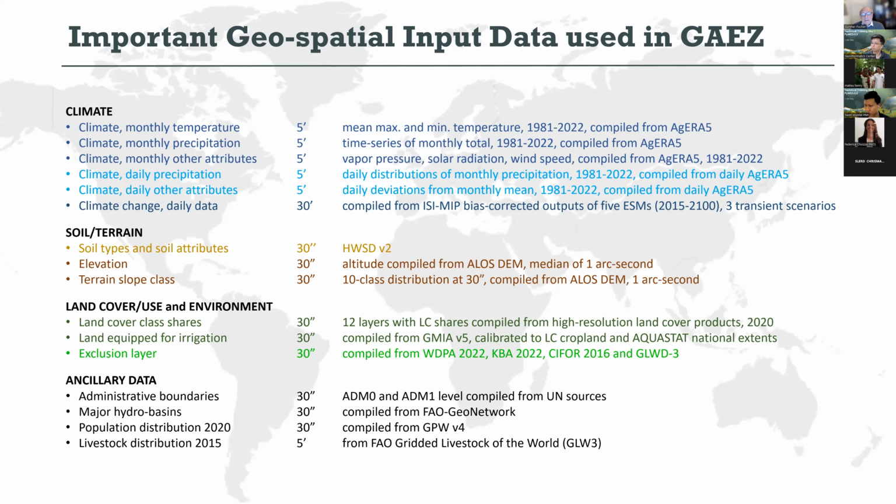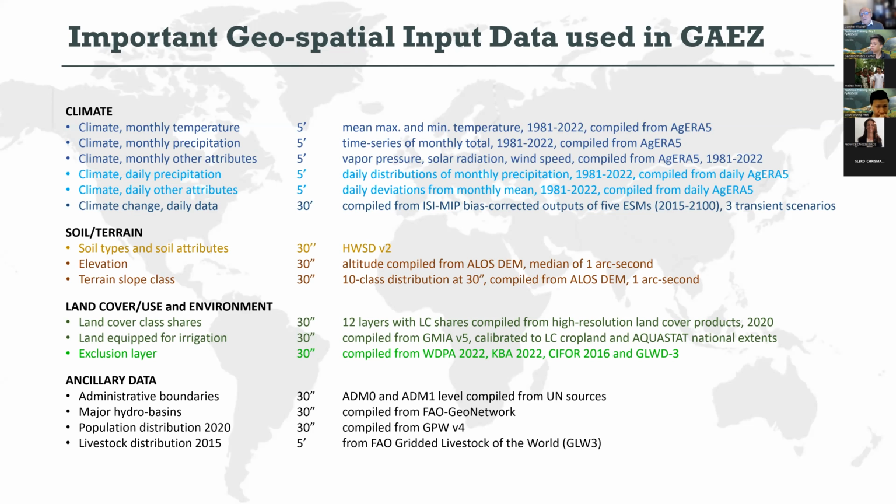Elevation and terrain slopes come from processing of the ALOS DEM data from the Japanese satellite missions, and we use 30 arcsecond. Both the soil map, the elevation, and the terrain slope classes have been assembled at 30 arcsecond resolution, so about 1 kilometer resolution at the equator.